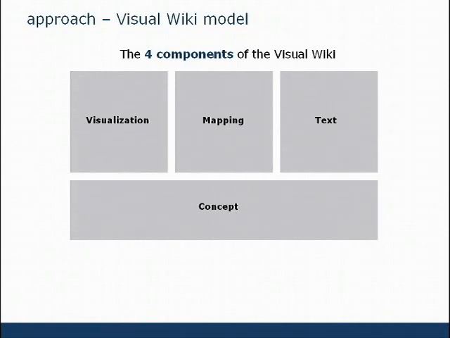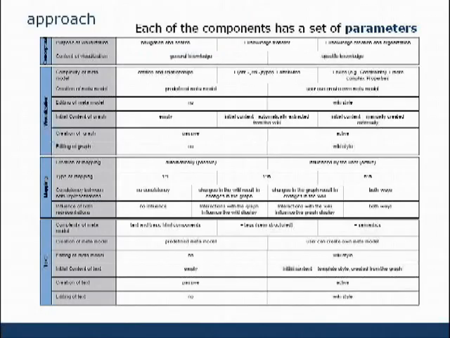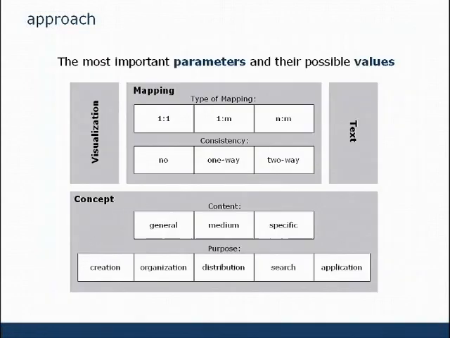You've got a mapping between them, and then underpinning that, you've got some sort of concept which you're trying to represent in some way. So what we've done is broken that down into a whole lot of different parameters associated with each of those mechanisms, and of course that's far too small to read.